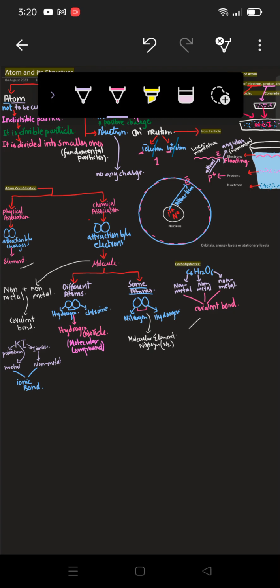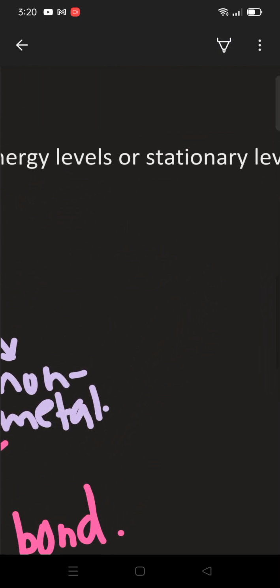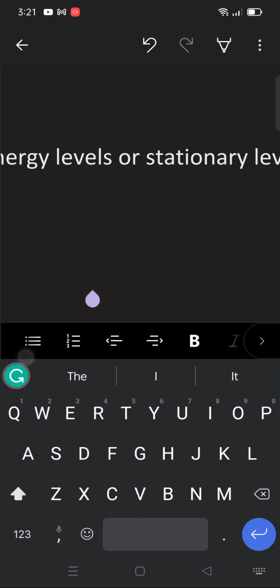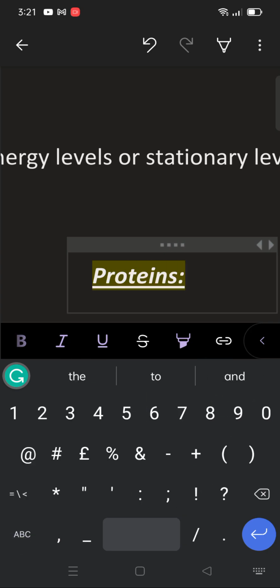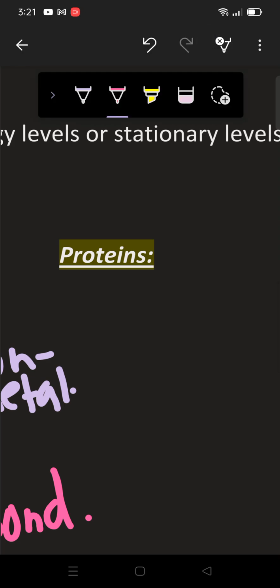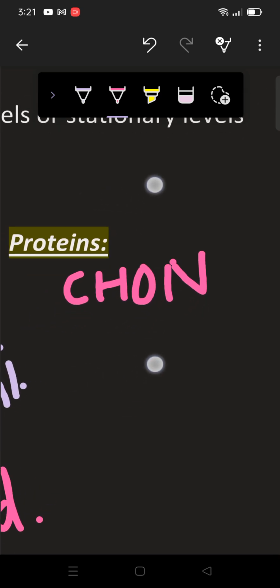Let's go with proteins. So we know what is included in the protein: carbon, hydrogen, oxygen, and there is nitrogen as well because of amino acids.